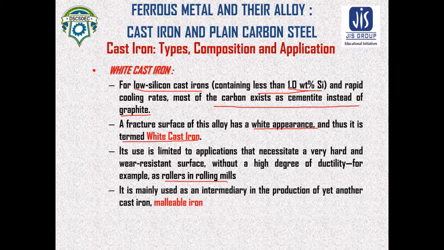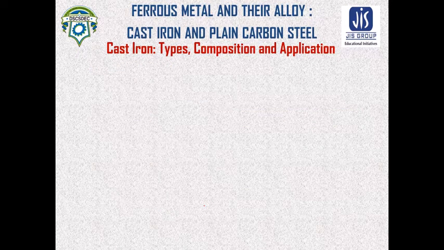Its main use is as an intermediate in the production of another cast iron, that is malleable iron. So to make malleable iron, the intermediate product is white cast iron.